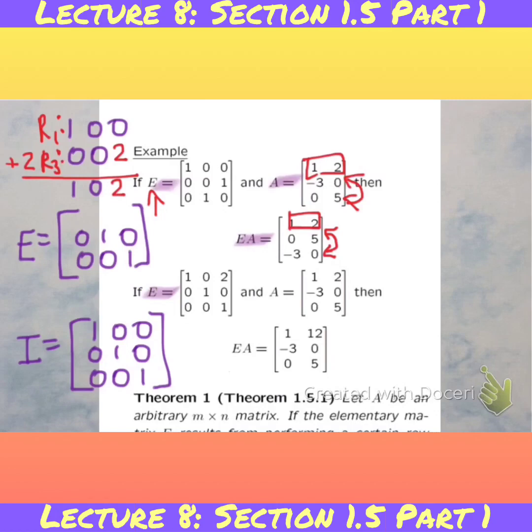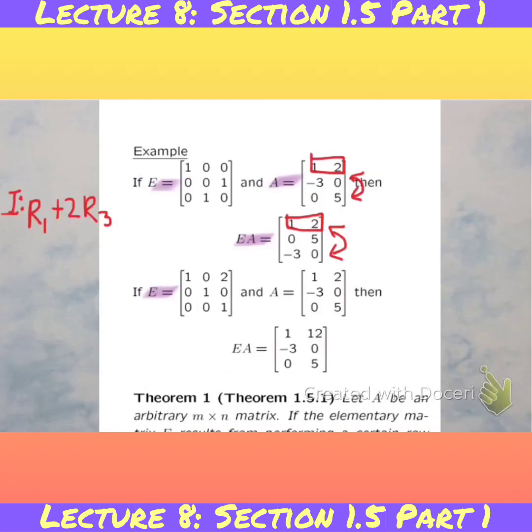And that is going to be my new row. So that is going to be my elementary matrix. So again we got E by taking the identity matrix and changing the first row by adding twice the third row to it. Now let's look at A and let's look at EA.